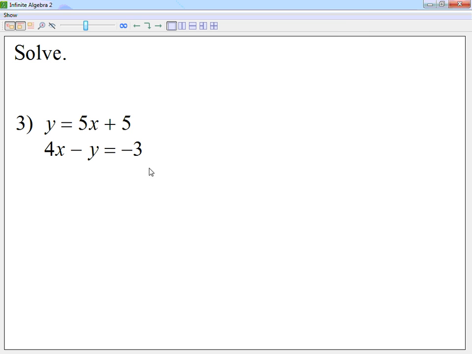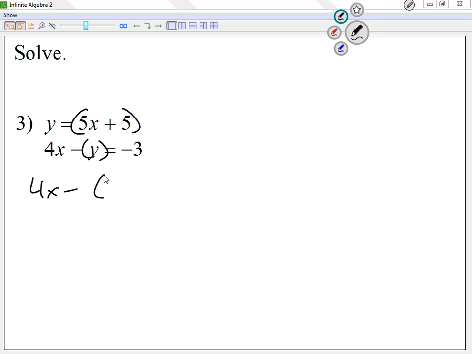All right. Looking at substitution for number 3, everything that I have for y, let me replace it for y there. So I will have 4x minus, inside parentheses, 5x plus 5, and all this is equal to negative 3.